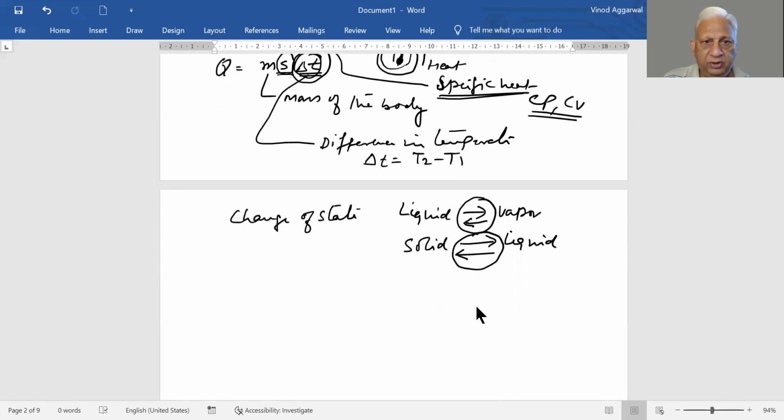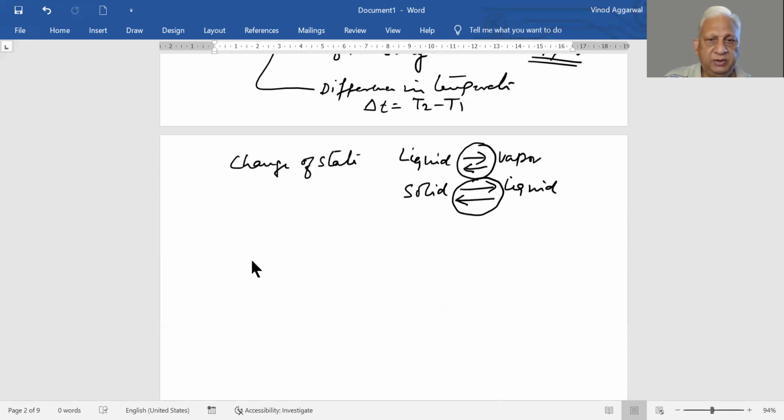So related to this, there are two definitions. One is latent heat of vaporization.